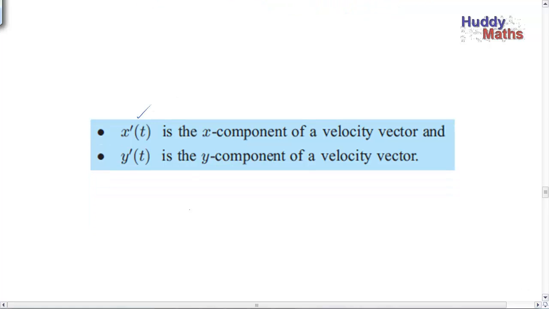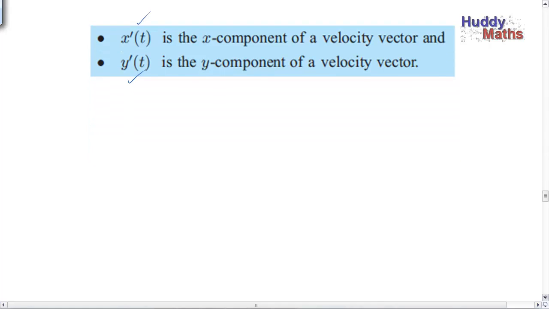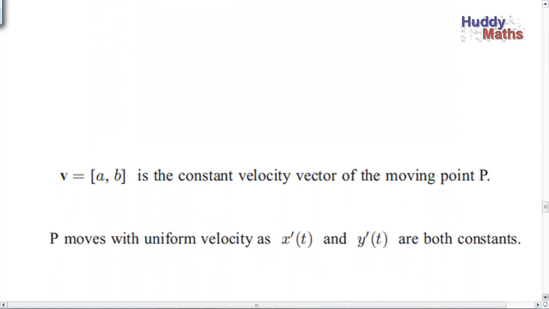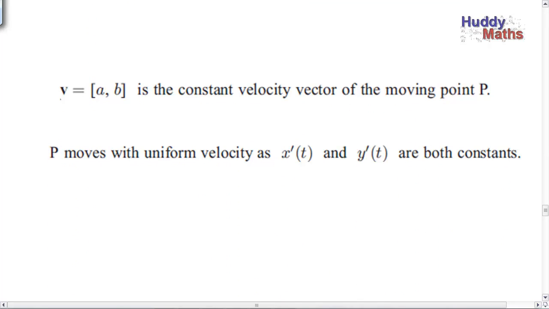x prime t is the x component of the velocity vector and y prime t is the y component of the velocity vector, because that vector (x prime t, y prime t), that is the rate of change of the movement in the x direction and the movement in the y direction. All right, so let's just bring that together a bit now. Therefore, we've just indicated that the velocity vector is (a, b) and it's constant for that moving point.